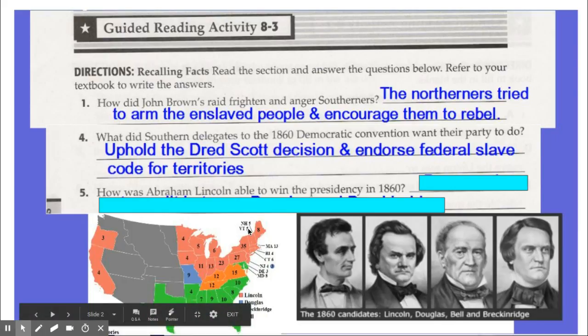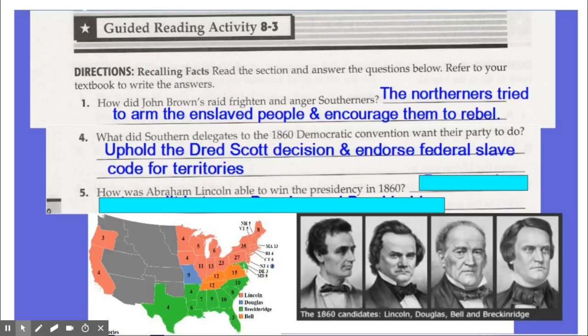If you take a look at the Electoral College map, this is broken down by your candidates and how they won. For the most part, Abraham Lincoln solidly wins the North, along with Oregon and California. Down in the Deep South, you have Breckinridge, who would side with the Confederacy.